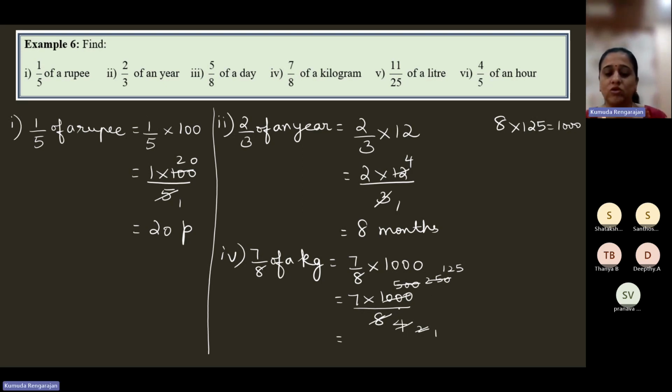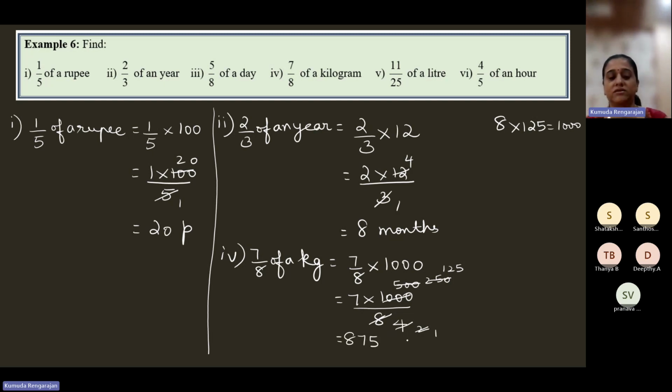Okay. So now in the numerator, we have 7 and 125. So 7 into 125. What is 7 into 125? Ma'am, 875. 875 by 1, which is 875.